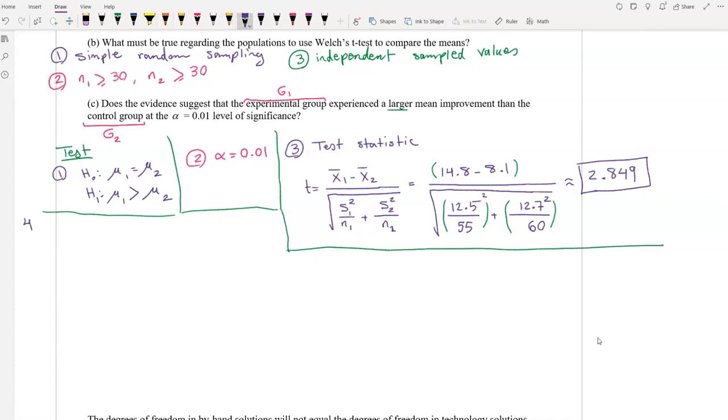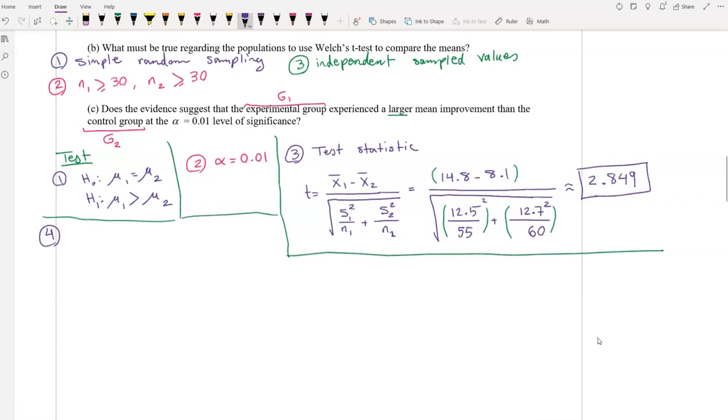Now step 4. We have to find p-value. First, I should know what is degree of freedom. I have to use smaller degree of freedom. Here we have two sample sizes. One is 55, the other one is 60. So using smaller sample size to find degree of freedom.